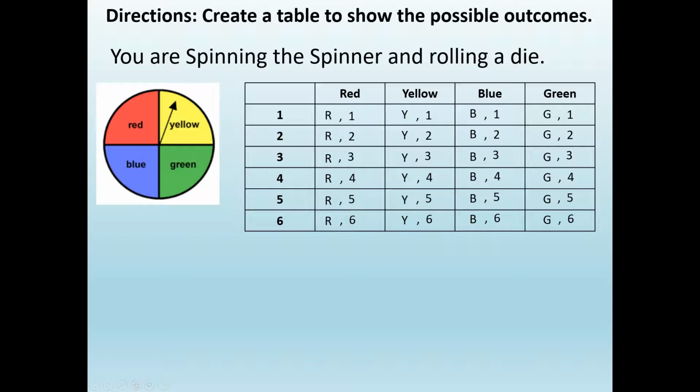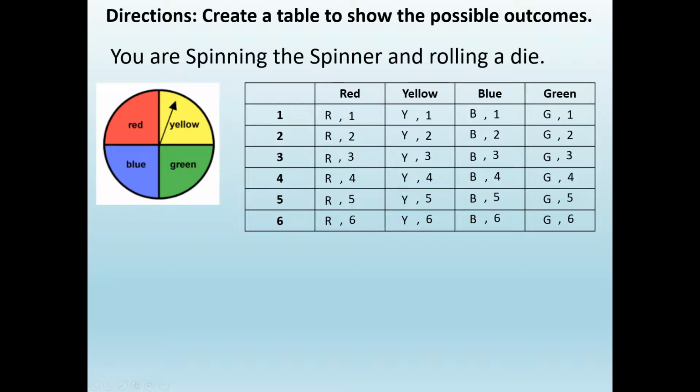I have 6 possible outcomes on my die. 4 times 6 should give me 24 outcomes. If I don't have 24 possible outcomes in my chart, then I've done something wrong with my chart. So I have 1, 2, 3, 4, 5, 6, 7, 8, 12, 16, 20, 24.